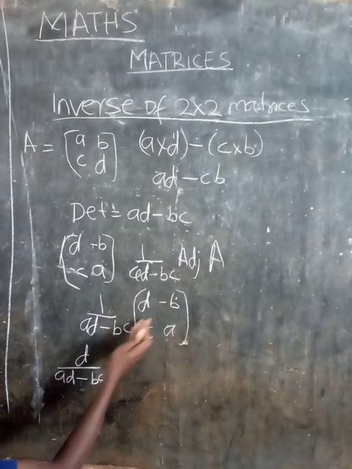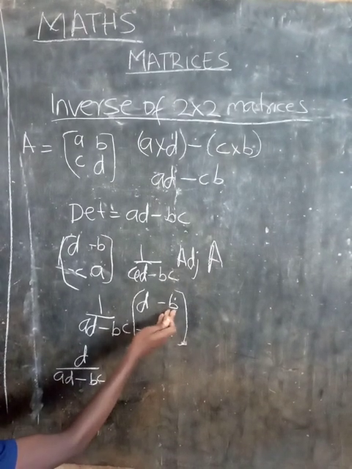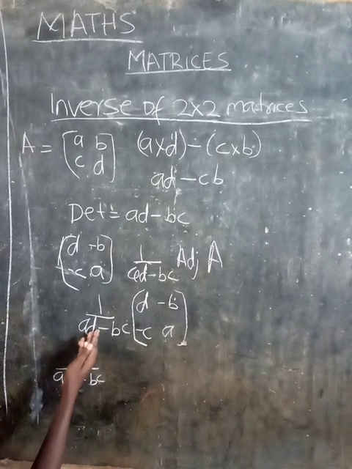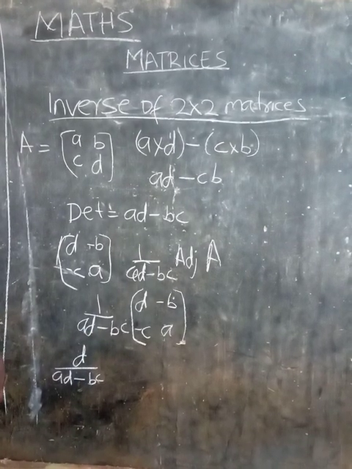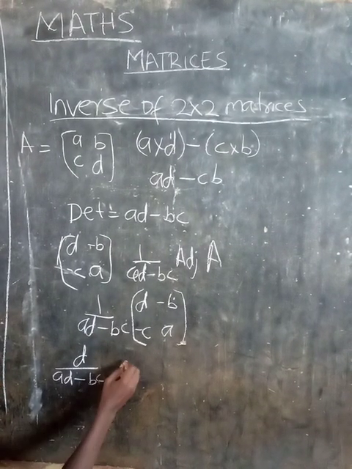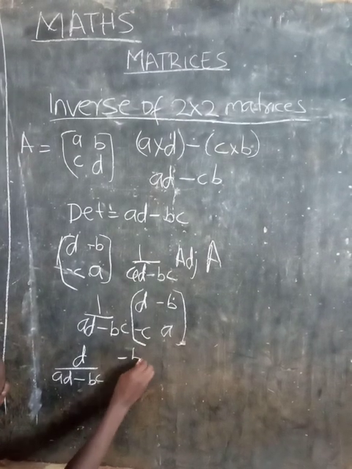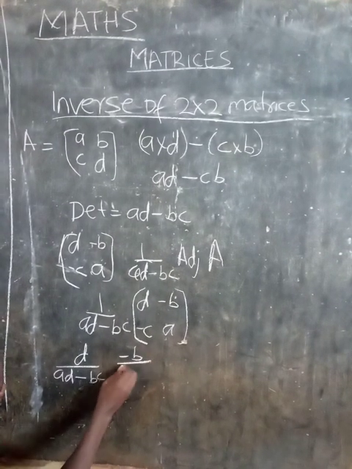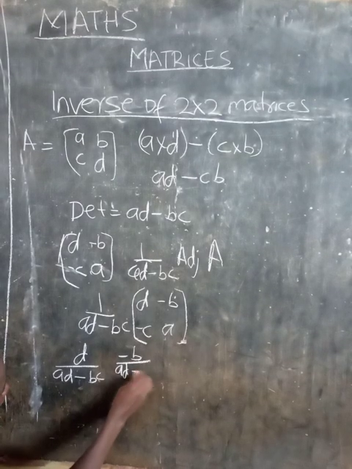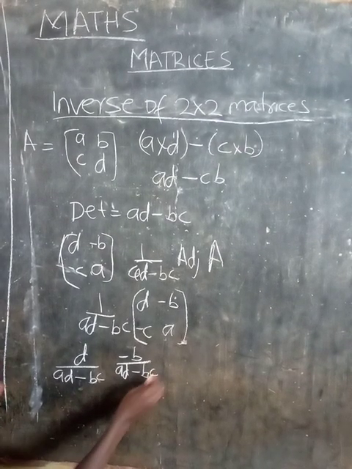What do we get when we multiply negative B by 1 over AD minus BC? We get negative B over AD minus BC.